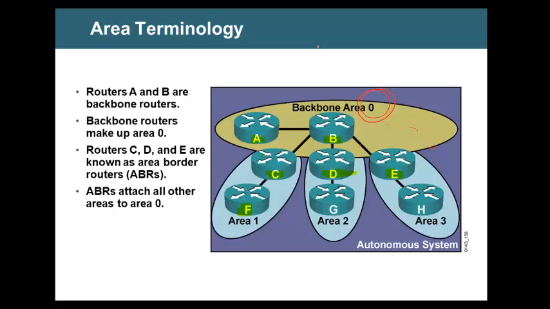All areas must be connected to a backbone area. You will not see this type of approach in ISIS. I can have an area, another area, another area, another area, another area. I can have it like this. In OSPF, it is not possible. In OSPF, all areas must be connected to the backbone area, area 0.